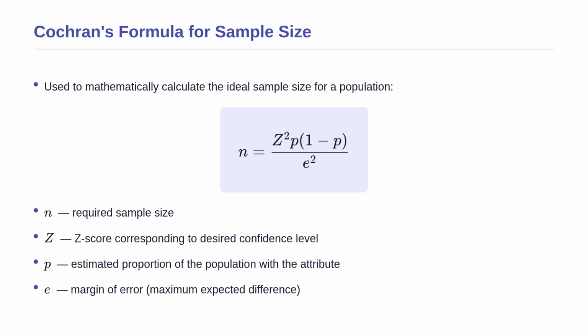Z is the Z-score, representing your desired confidence level. The letter P is the estimated proportion of the population that has the attribute in question. Finally, E represents the margin of error. If you demand higher precision and decrease the margin of error, your required sample size will increase significantly.